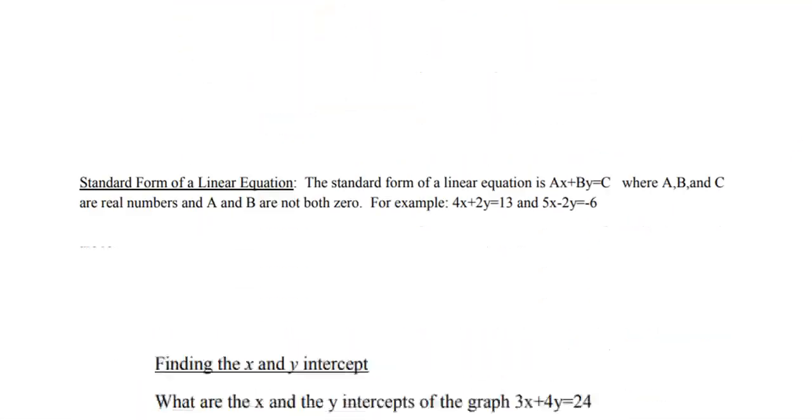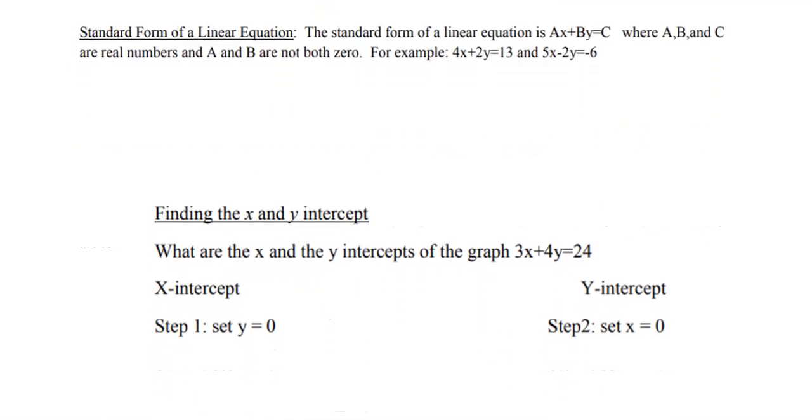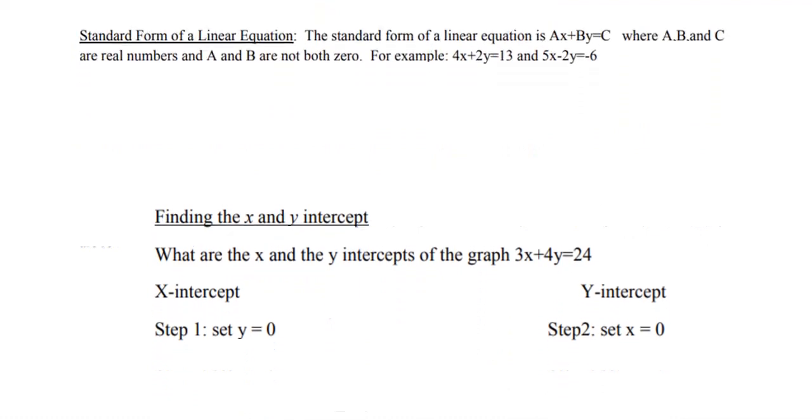Now that we've talked about y equals mx plus b, which is our slope-intercept form, we've also got a standard form, which is in the form ax plus by equals c.